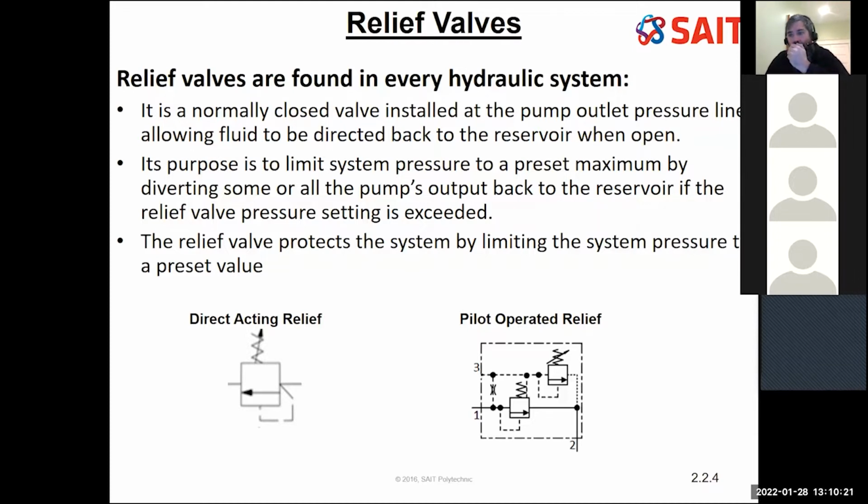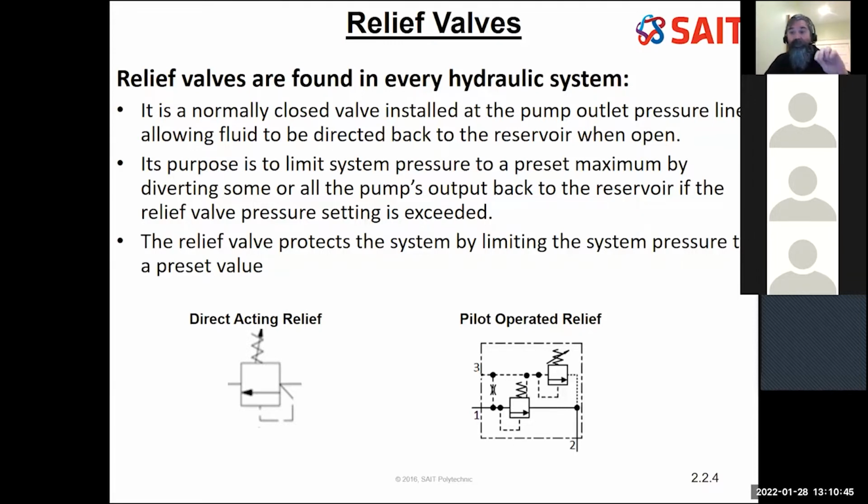Excuse me, this initial statement: they are found in every system. They are a safety device. They are normally closed. And we want to put one of them, often our circuits have more than one, right after the pump. So we want to protect as much of the system as possible from overpressurization.